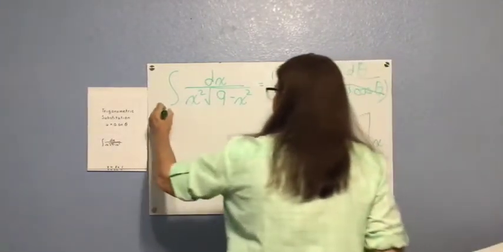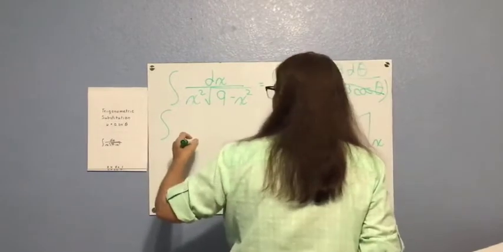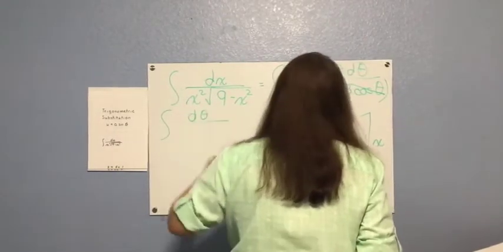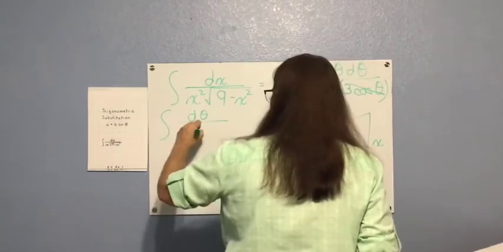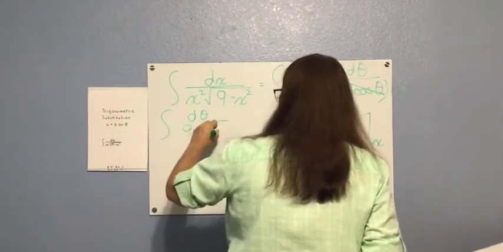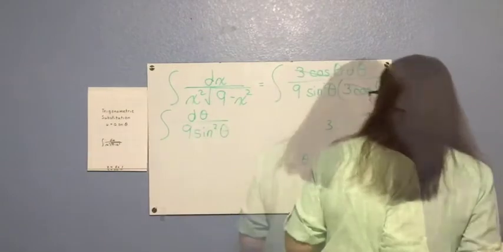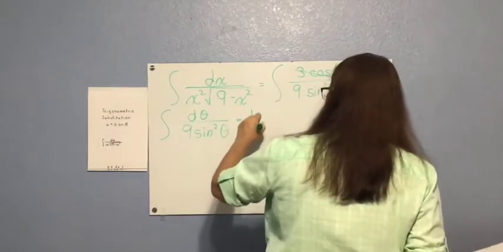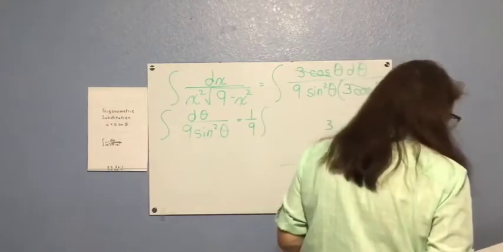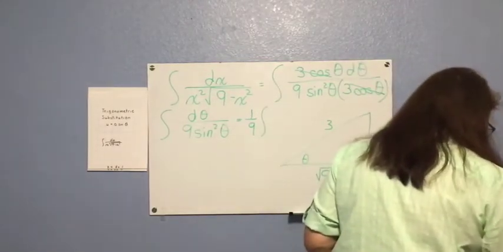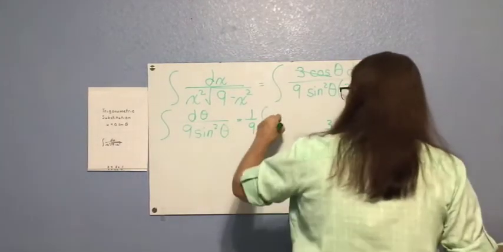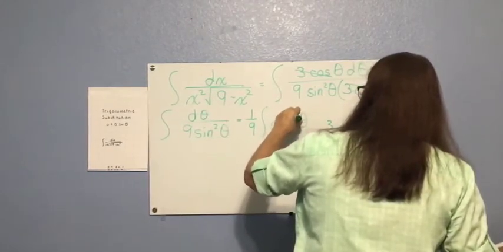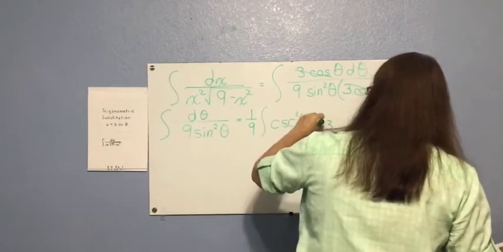So now I have the integral d theta over 9 sine squared theta. Okay, I'm going to take the 9 out. Instead of having 1 over sine squared, I'm going to change that to cosecant squared theta d theta.